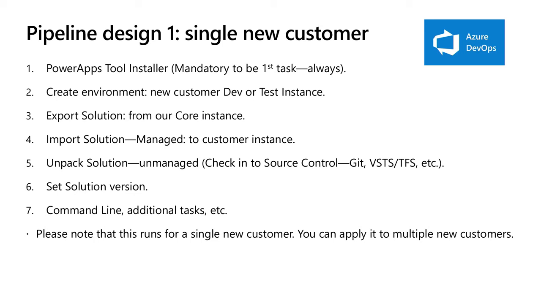Now, there is another option, which is that you could do this from your source control, whether it's GitHub or TFS or VSTS. But we have chosen to do this directly out of our core instance. Why? Because as part of our design, we anyway take a backup of that solution and we check it into our source control.